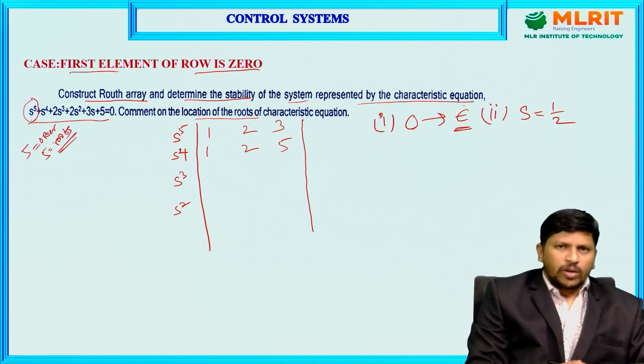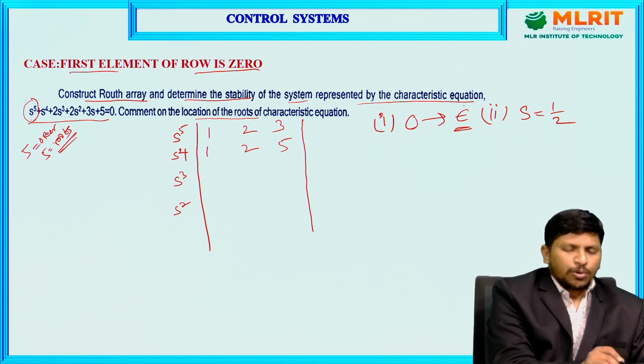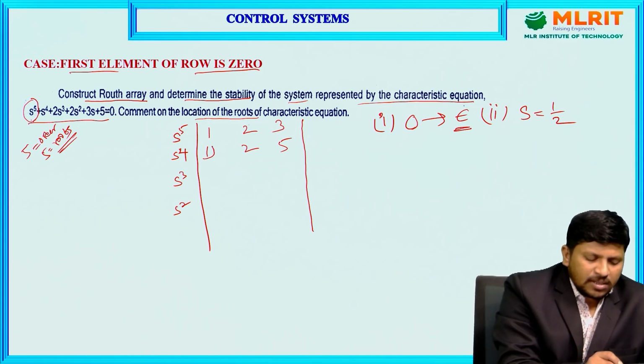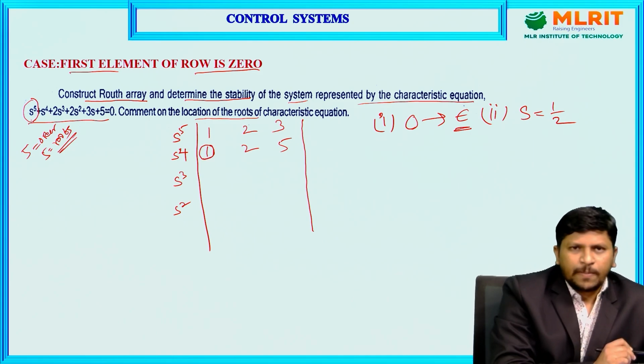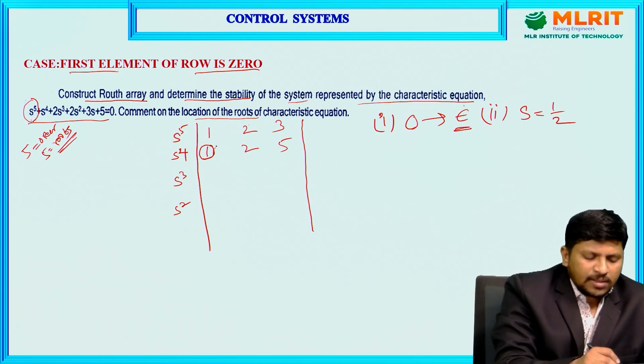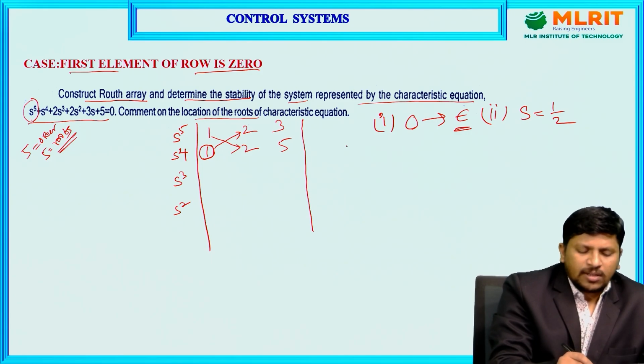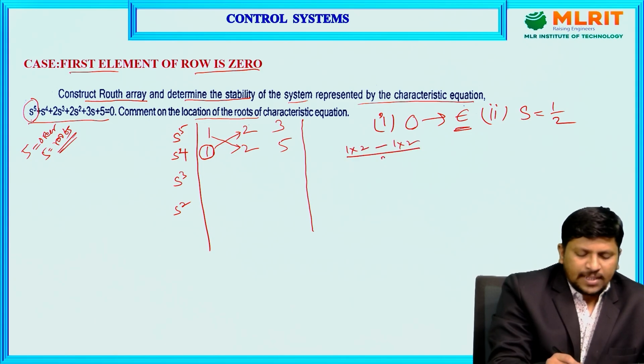Now we are going to calculate the s cube row elements. For that, this 1 is our base. So 1 multiplied by 2 minus 1 multiplied by 2, divided by the base 1.